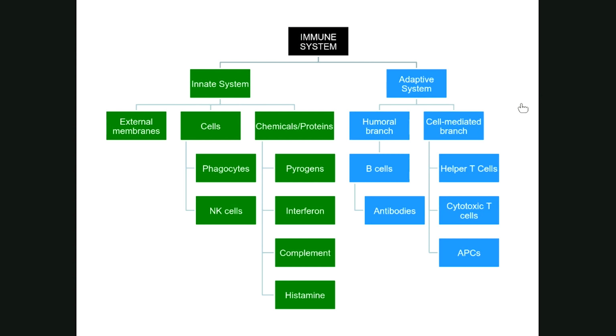One of the things that's also really unique about this particular branch is it is specific. So what I mean by that is it is able to tell a virus from a bacterium. It doesn't see things as just foreign and harmful, but I don't necessarily know what it is. It recognizes them. It's also able, for example, to tell one virus from another.